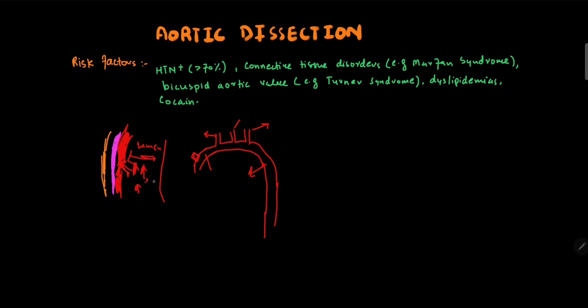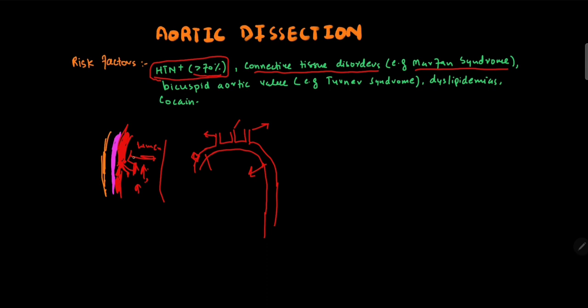So now, what are the risk factors? Like I said, the risk factor for aortic dissection is anything that increases the pressure here. The most common one is hypertension. Remember, most people are hypertensive. Chronic hypertension, more than 70% of the cases are due to hypertension. And then other things, like the connective tissue disorders, like Marfan syndrome is a popular one.